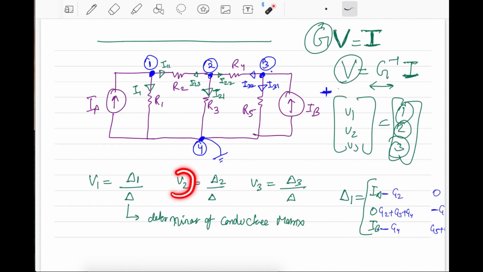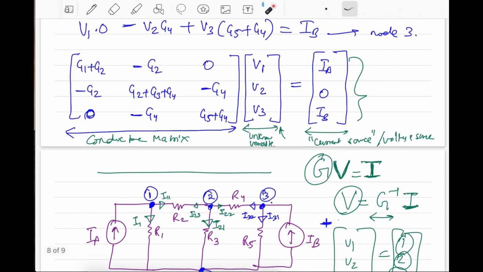And similarly for V2, if you want to calculate delta 2, you have to put this vector in the middle. Whatever values were earlier in the conductance matrix will remain the same, but the second column will be replaced by this one.